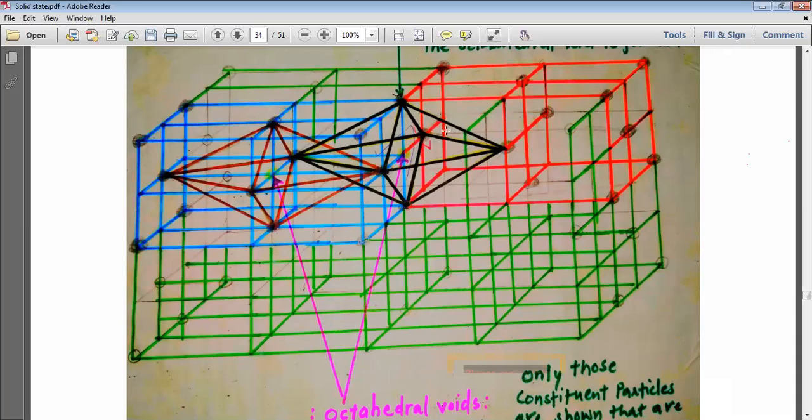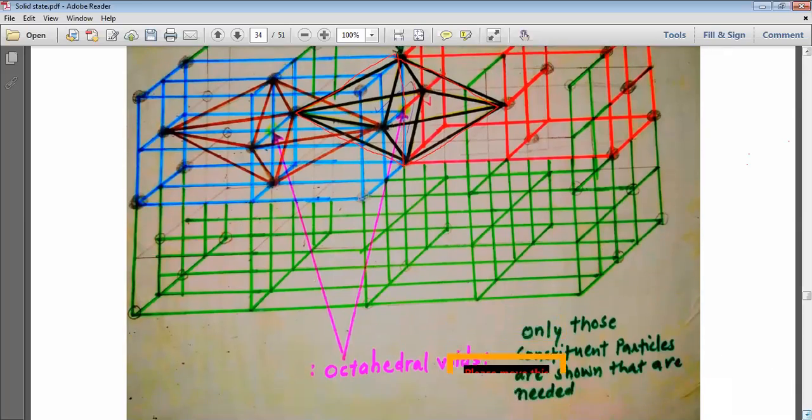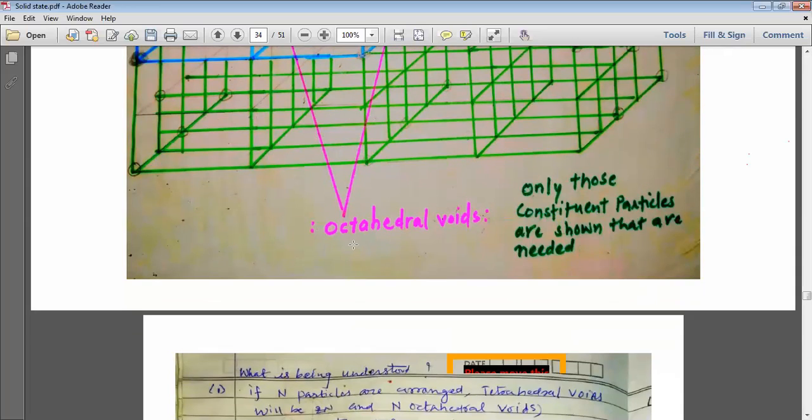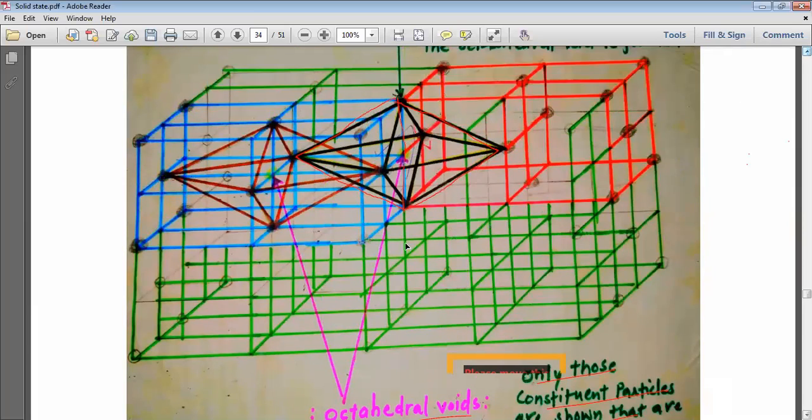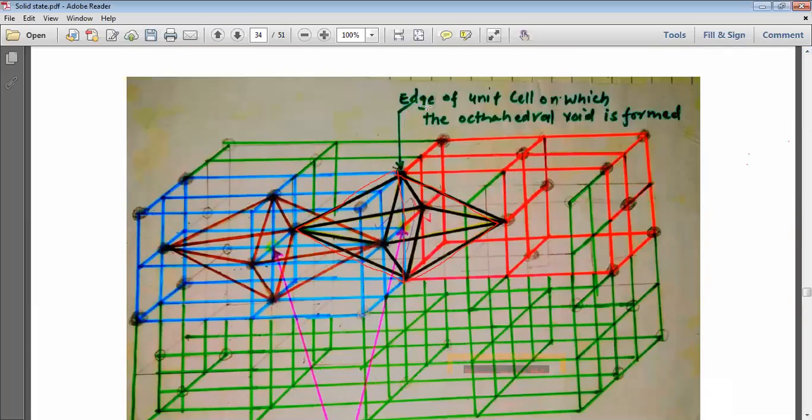So this black octahedral void is present both in the blue one as well as in the red one. बच्चों दिख रहा है आपको? Yes, sir. For the octahedral voids, only those constituent particles are shown that are needed. मतलब यहाँ पे मैंने सिर्फ वही constituent particle दिखाए हैं जिनकी जरूरत थी. But you can easily see the edge of the unit cell on which the octahedral void is formed.